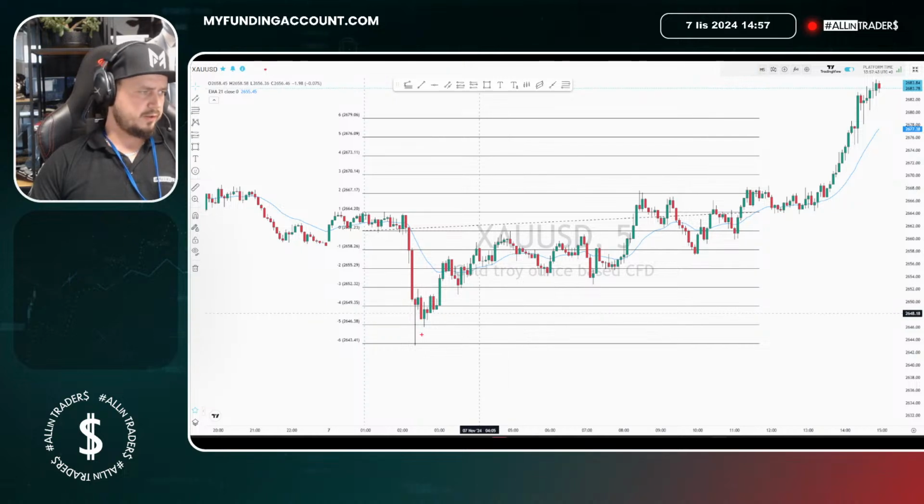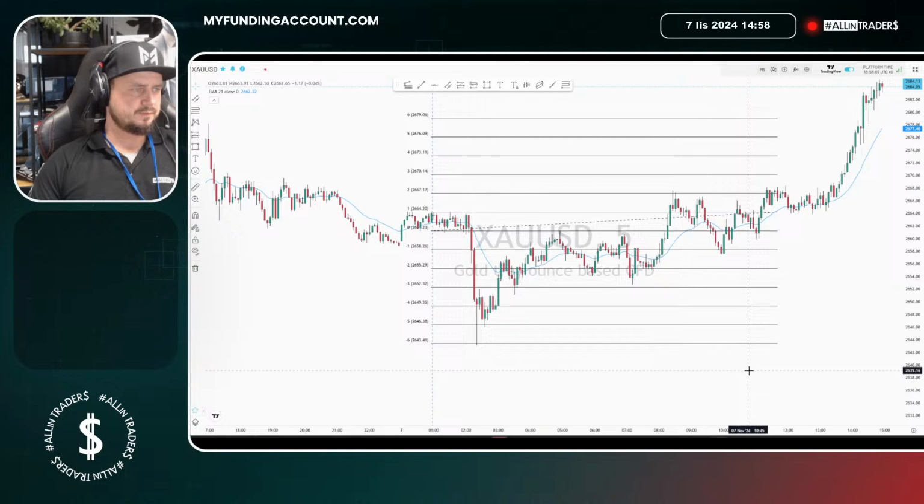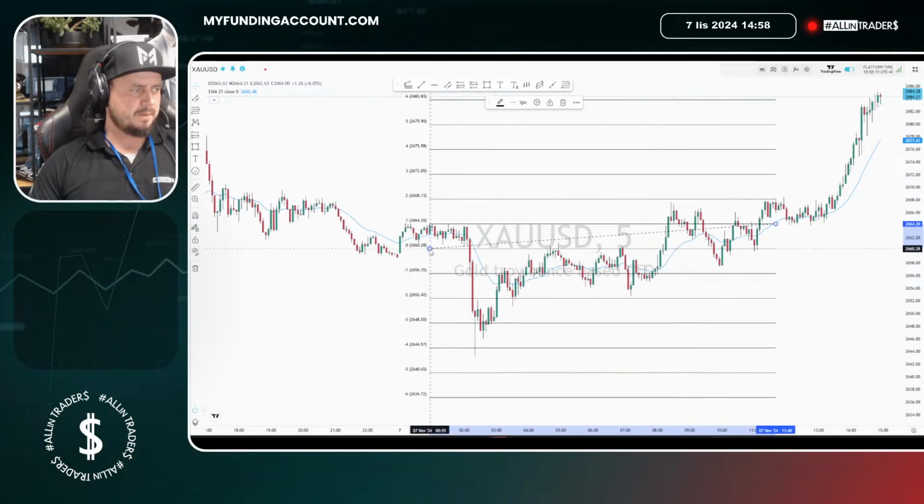Not too bad, but reaction here. Let's say here. Here, but this is level 1, 2, 3, 4, 5, 6, 7. For me, it's too high at this moment. So this range, not really.